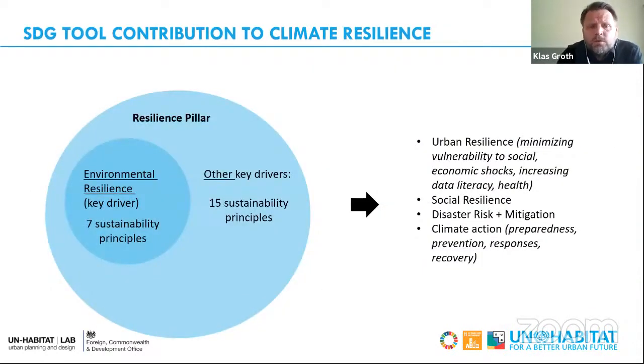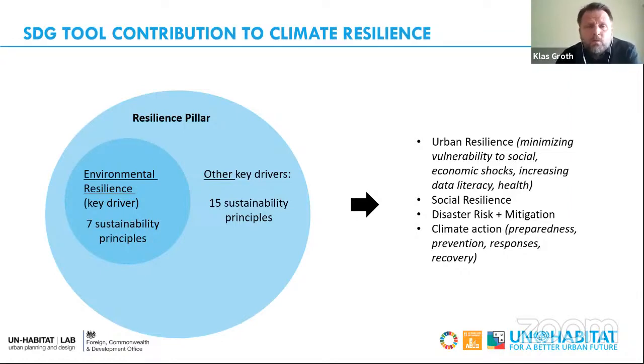With regard to environmental resilience, there are 22 sustainability principles that address resilience-related aspects. Seven of them are directly linked to environmental resilience, and we have the additional 15 sorted under the other principles.